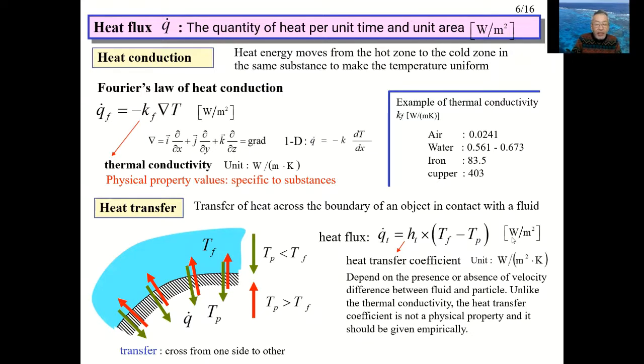The unit of heat transfer coefficient Ht is watt over square meter Kelvin. The heat transfer coefficient Ht is not a physical property, but varies depending on the condition of the fluid surrounding the particles. For example, when the fluid convects around the particles, the coefficient Ht increases. Various empirical formulas of Ht are available.